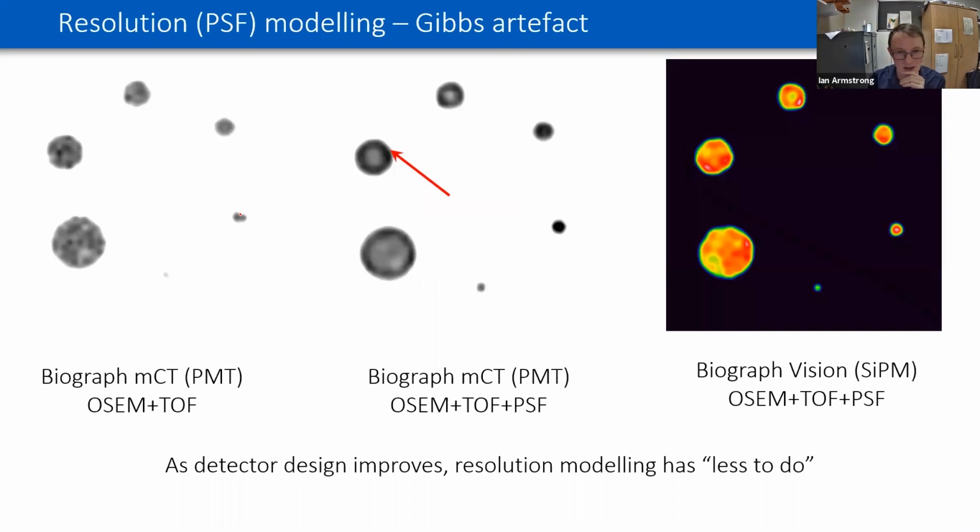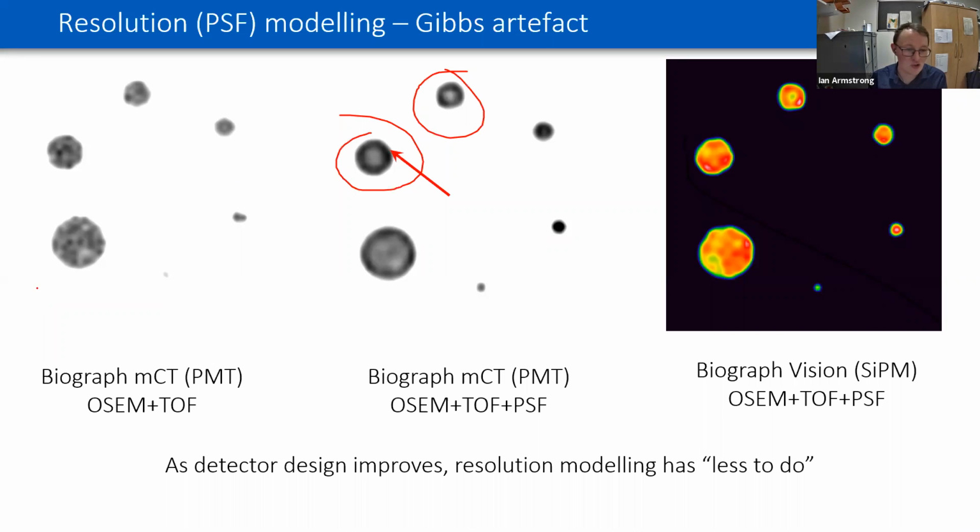One of the things I want to talk about first, of course, is resolution modeling. That was top of the list. It gets quite a bit of bad press, and has done over the years, things like the Gibbs artifacts. Gibbs artifacts are the edge enhancement. We can see we've got this highlighted here on these spheres.